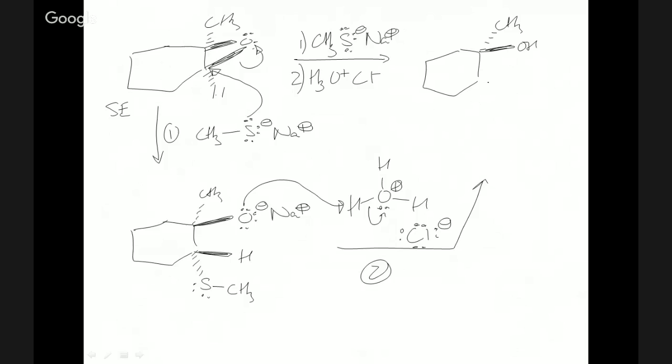The OH, SCH3. What's our byproduct? H2O and sodium chloride. So this is protonation with acid to give the alcohol product.